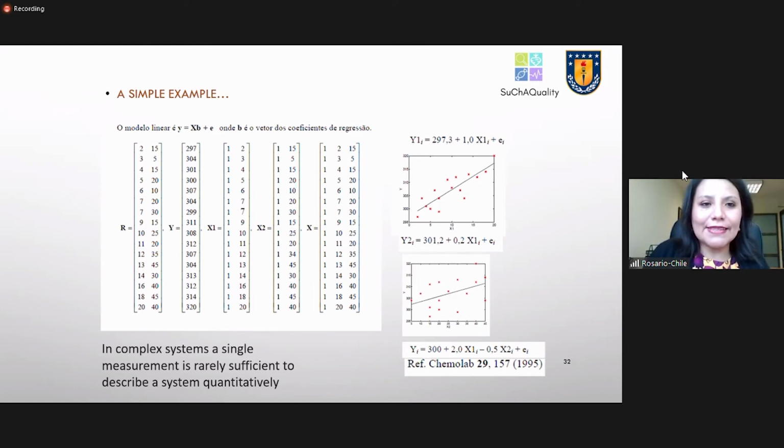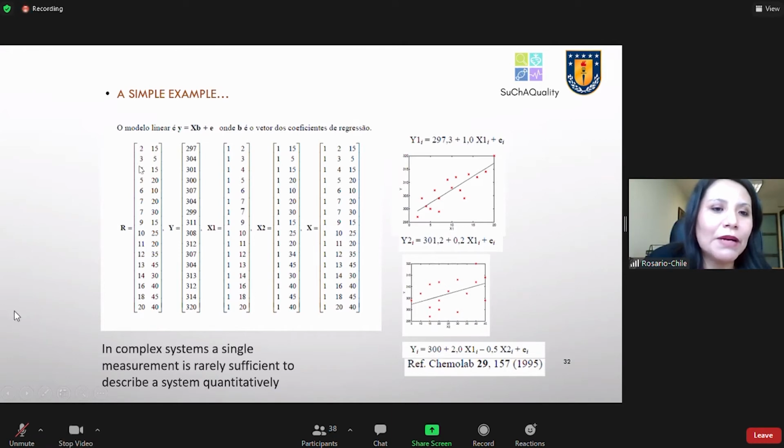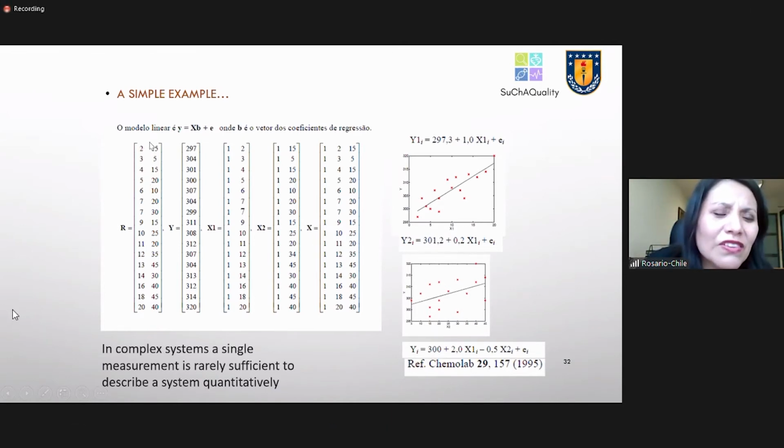In this data set, we have two measurements of independent variables, for example wavelengths, and one response. We want to make a simple regression using this X matrix and Y matrix. The X matrix has two variables, and here one response.